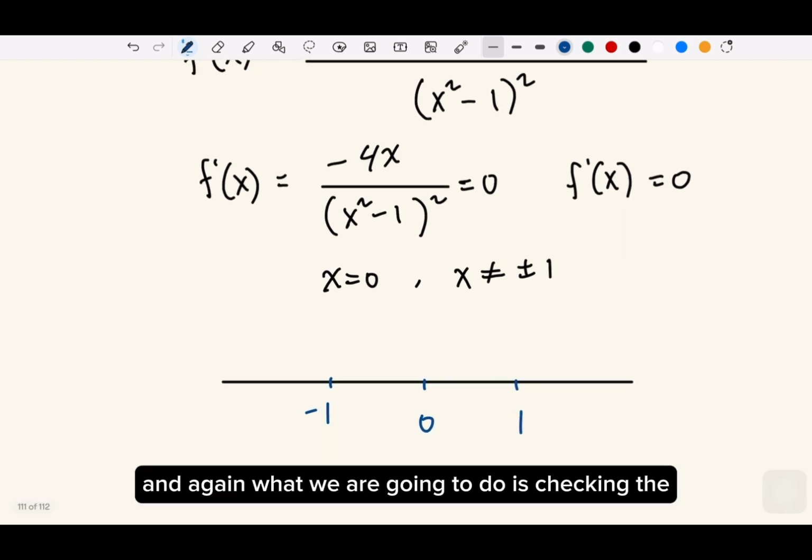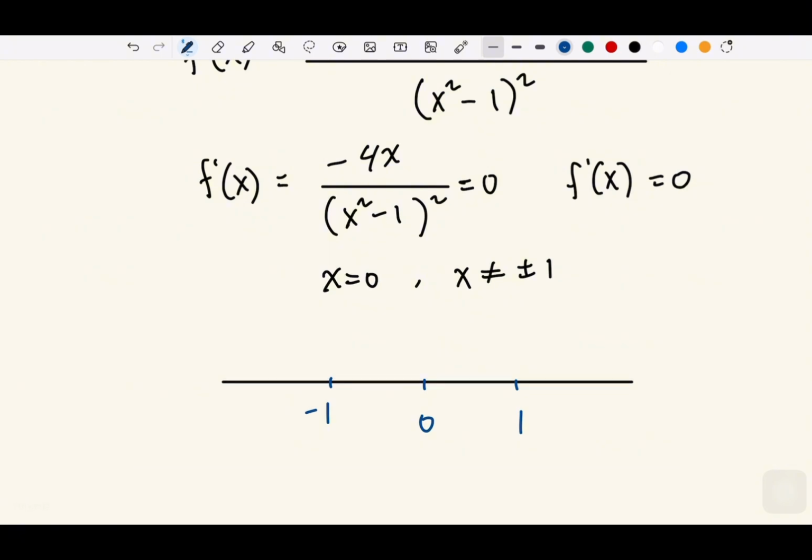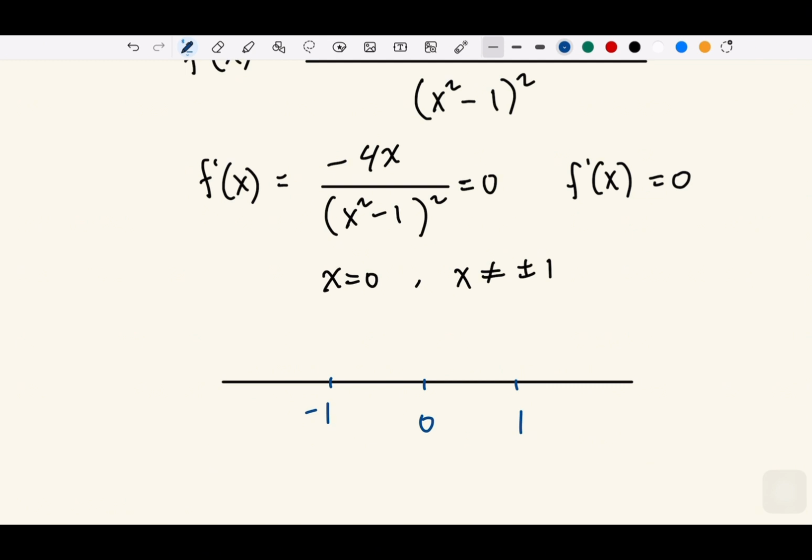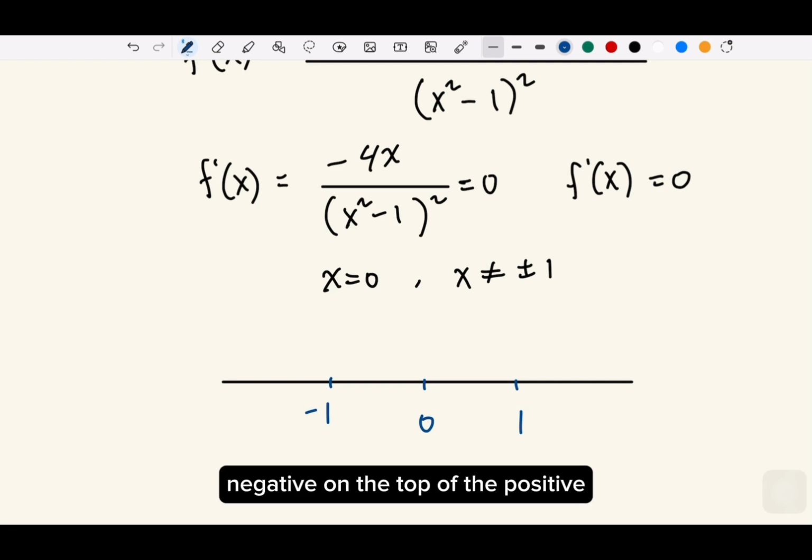And again, what we are going to do is checking whether the first derivative is positive or negative. Check the interval. I think we can check from the left part, which is negative. Negative on the top will be positive. Negative here will be positive, positive, positive.